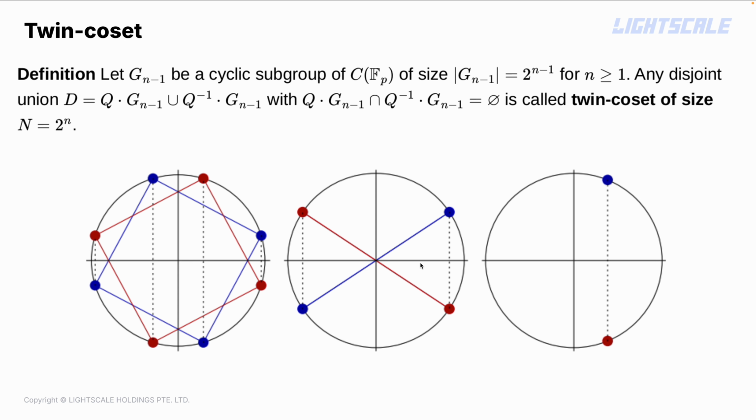Okay, how to explain? Let's think about the blue square. So this is q times 1, and this is going to be q omega. Omega is the generator of G, let's say, right? So this is q identity, this is q omega, this is q omega square.